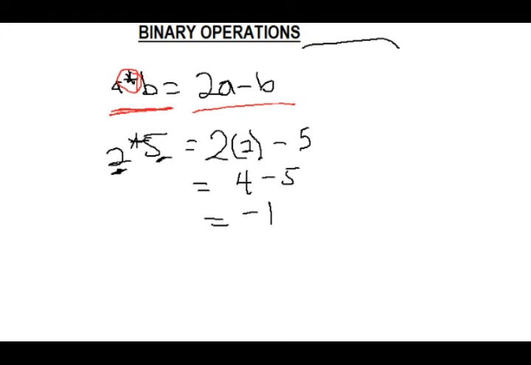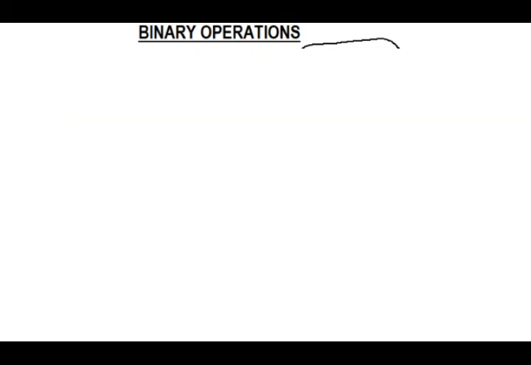Now let's take a question itself and see how we will go about it. I'll read the question, then I'll write just the operation down, then we will take it from there. Now this is the question. A binary operation is defined over a set of real numbers R as A star B being equal to A minus 3B.